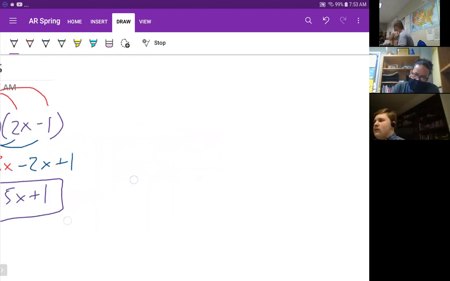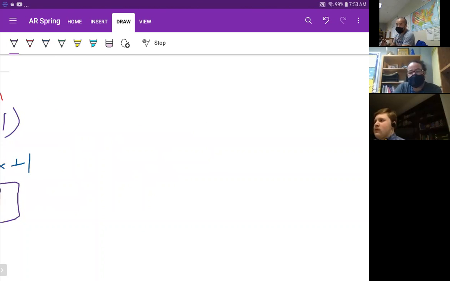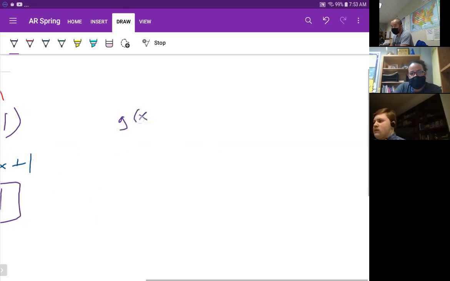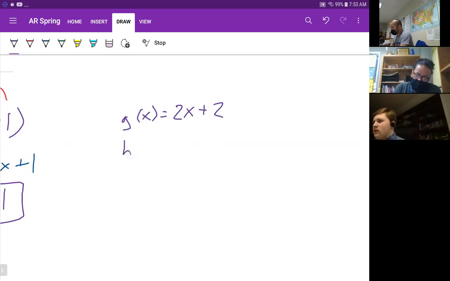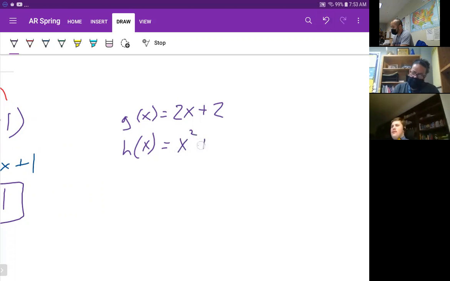So something like, g of x is 2x plus 2, and then h of x is x squared plus x.